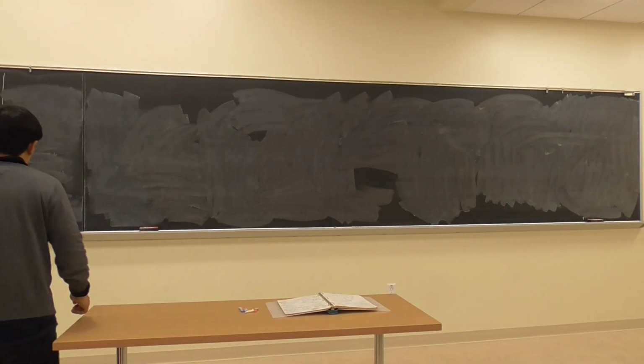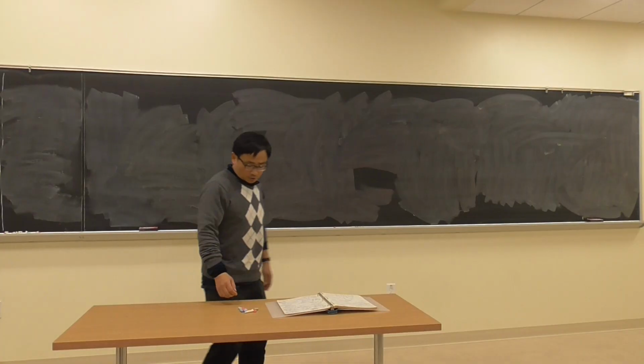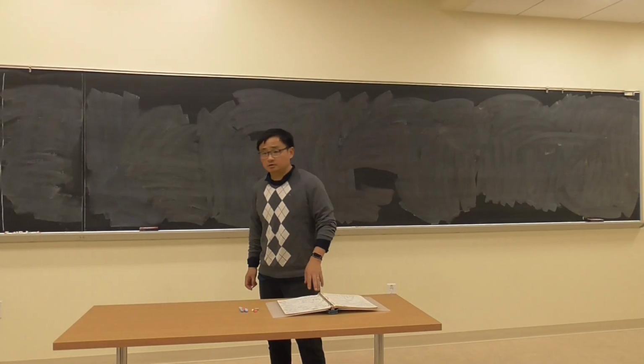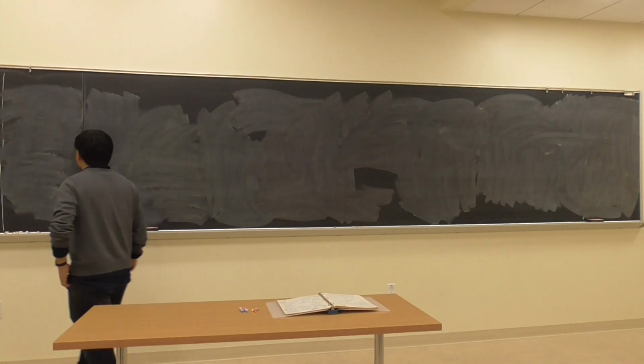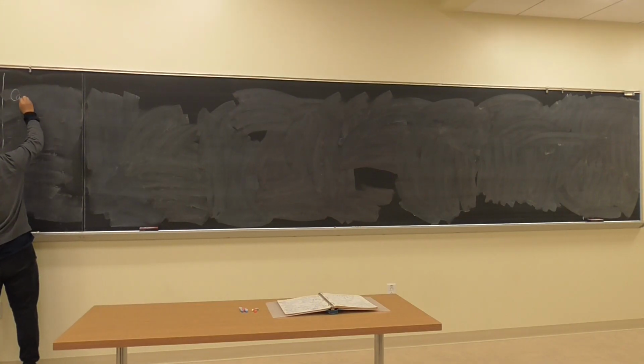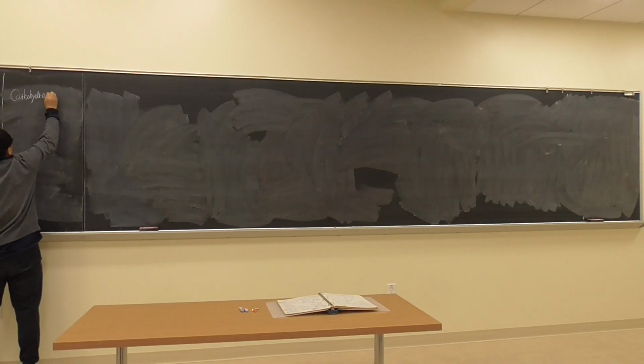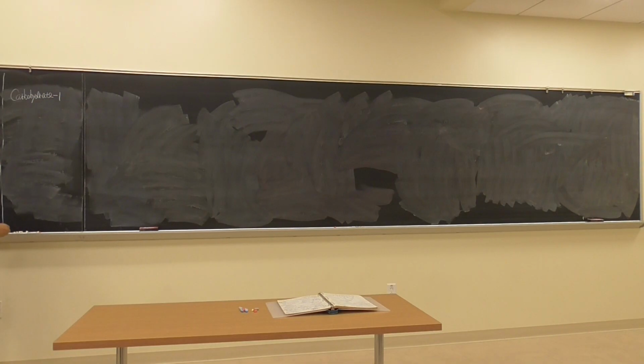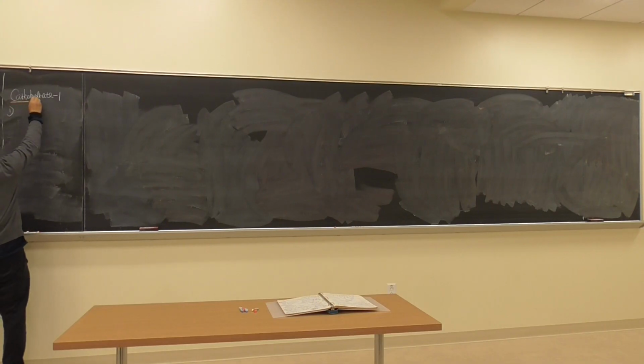Okay, so we're going to move on to the new chapter, which is talk about the carbohydrates. So that will be carbohydrate number 1. So first of all, carbohydrate, what this means, when you look at the word, looks like carbo and then say hydrate, that means it's C and H2O.